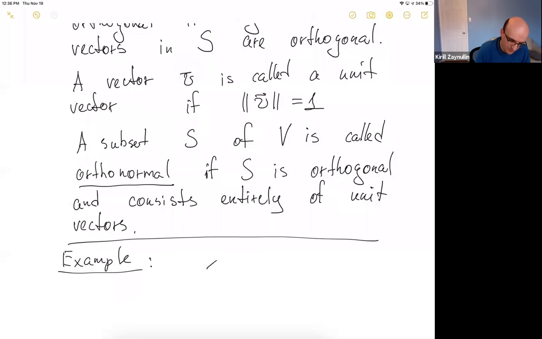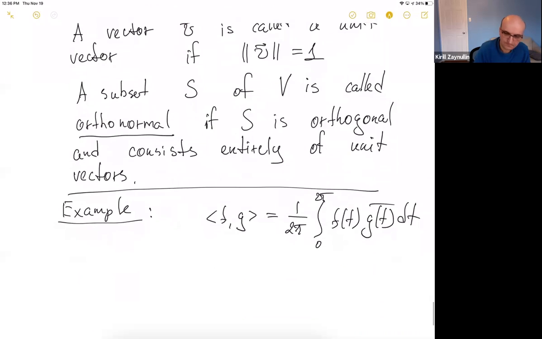And let's take this inner product, this function inner product, 1 over 2 pi, from 0 to 2 pi of f(t) g(t) bar dt. So take this inner product on this infinite dimensional vector space.